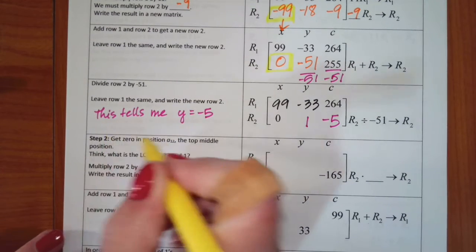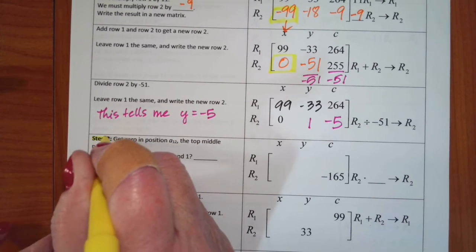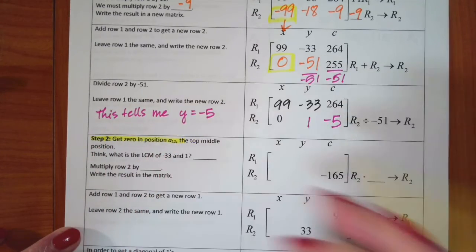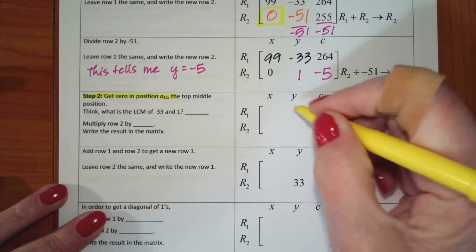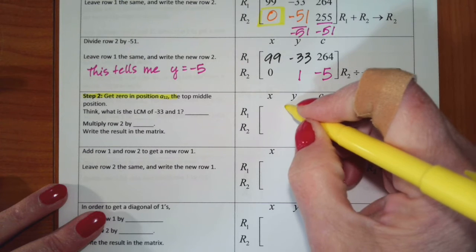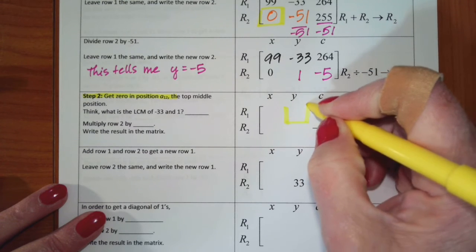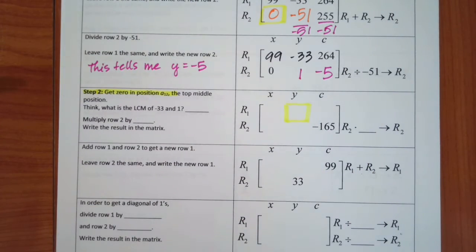My next step is to get a 0 in position A12. So my goal now, I'm working here. I want that to be a 0.